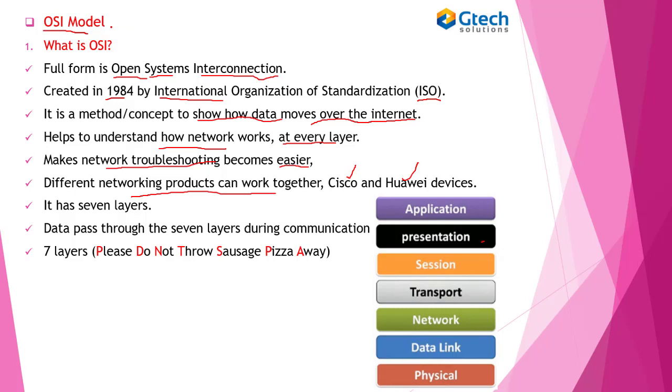Basically, the model has seven layers, which are physical, data link, network, transport, session, presentation and application. Data moves through the seven layers during communication.